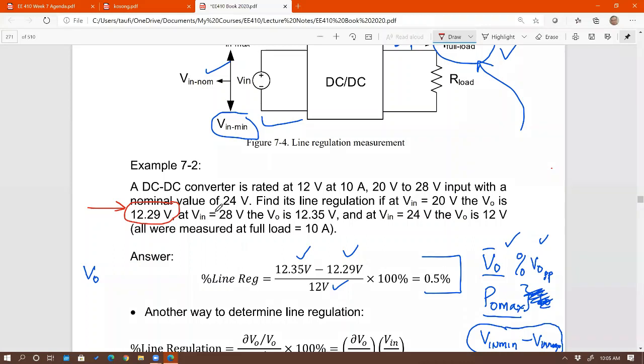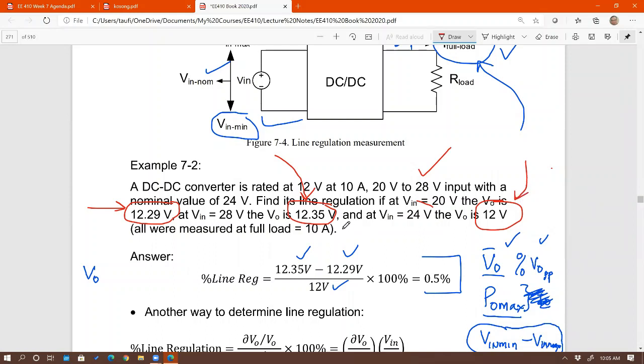And then what else? V out at V in max. V in max is 28, isn't it? So at V in 28 volts, V out is 12.35. This is the number you have to put in the equation. And lastly, V out at V in nominal. There is our V in nominal right there. But what is the V out at V in nominal? 12 volts right there.